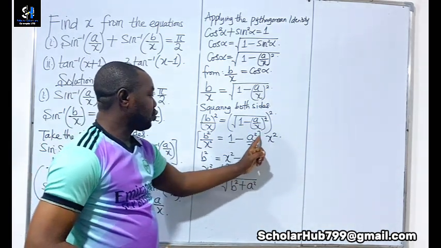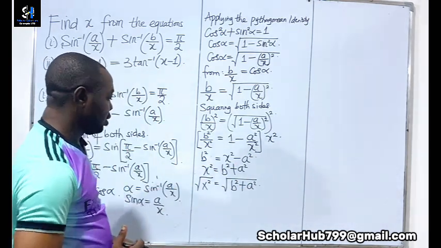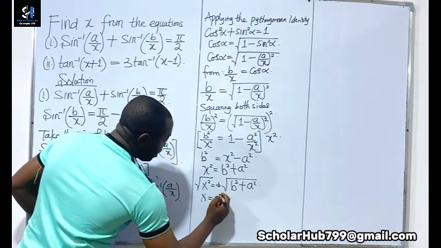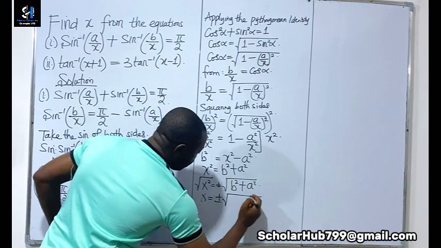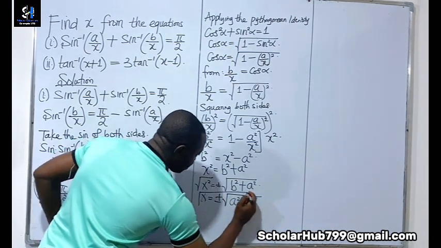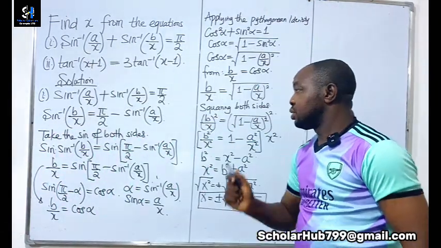Then negative a squared over x squared multiplied by x squared will be a squared. All right, so x will be equal to plus or minus root a squared plus b squared, and we just found x, which is the first question.